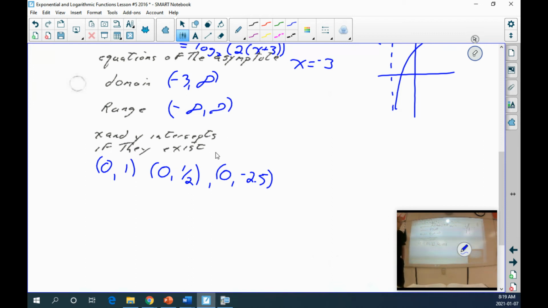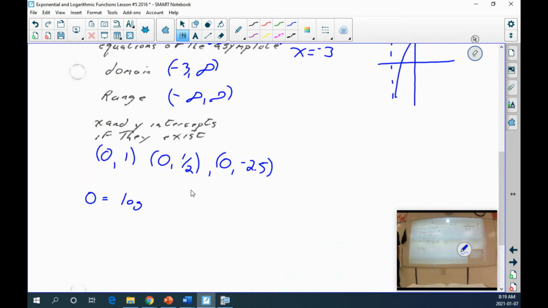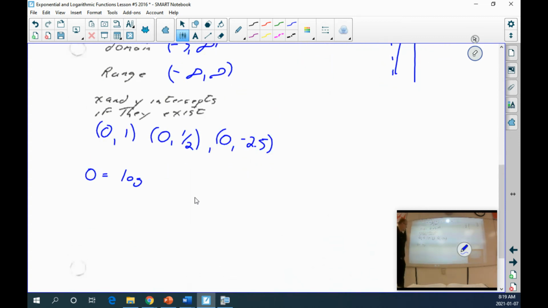Now, we can also do that by plugging in 0 for y. What we were talking about, 2. And so we turn this into our exponential form, 2 to the 0.